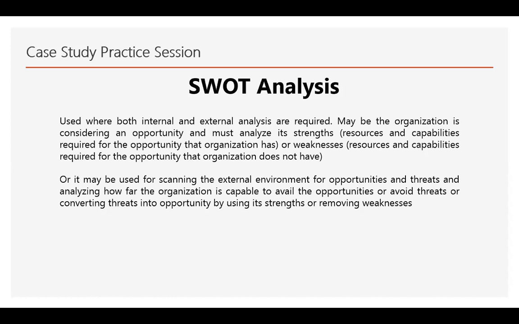So you have to see from the strengths point of view whether the organization will be able to avail that opportunity, or should it go for that opportunity considering its strengths. And there may be weaknesses. Maybe there are strengths that are required for availing that opportunity, and the organization may lack those strengths. So definitely those will be the weaknesses then. So this is how we will be using SWOT analysis.